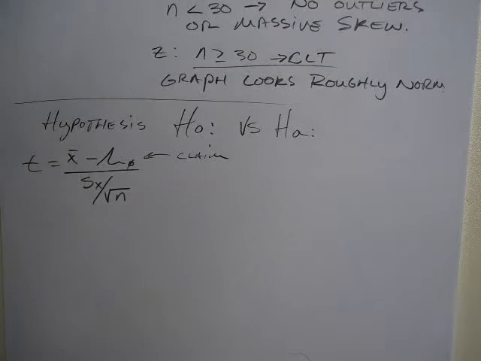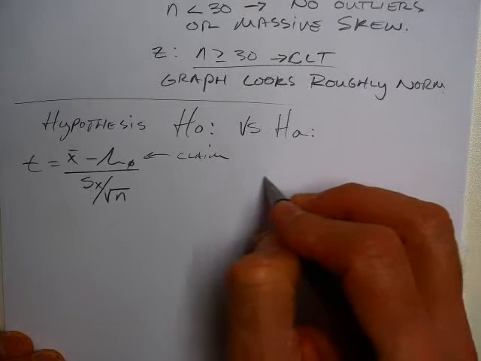And again, it's really a lot more likely that you're going to run across a t distribution than a z distribution. Because how often are you going to know a standard deviation when you don't know a mean? It's probably not going to happen. But it can.